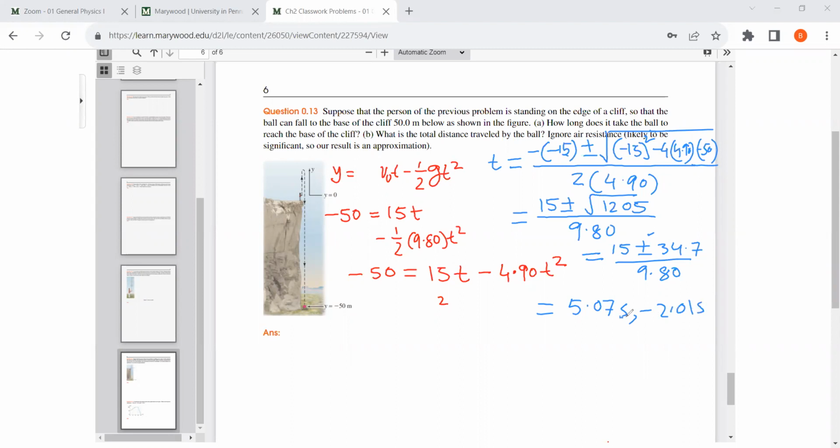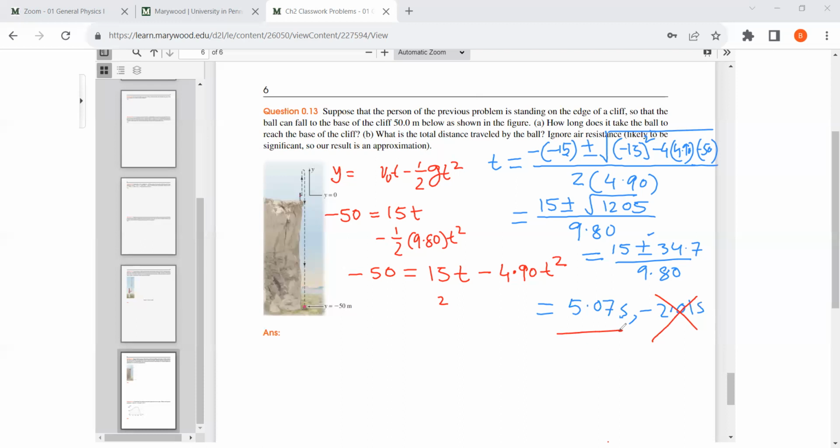A quadratic equation should have two solutions, and we got two solutions, and that makes sense. But one of the solutions is negative, right? And time in our universe cannot be negative, right? So this is an unphysical time, so it cannot be our solution. The only solution we can have is t equal to 5.07 second.